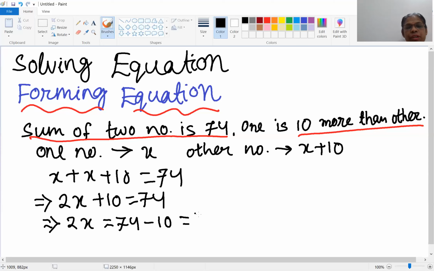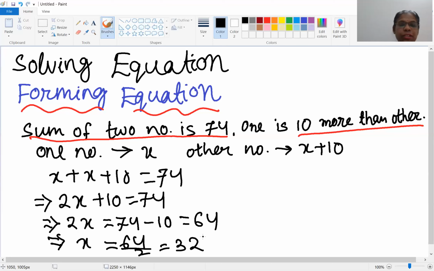What is the value of it? Which is 64. Then x is equal to 64 divided by 2, which is 32. I got my value here, 32.